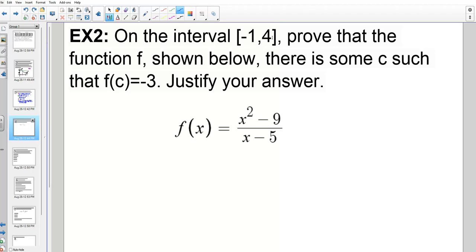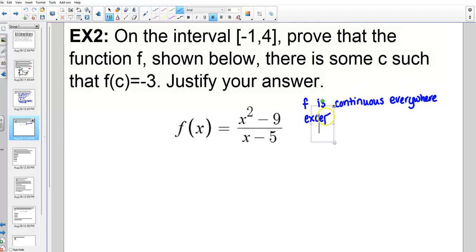So we could say something like f is continuous everywhere except at x equals 5.